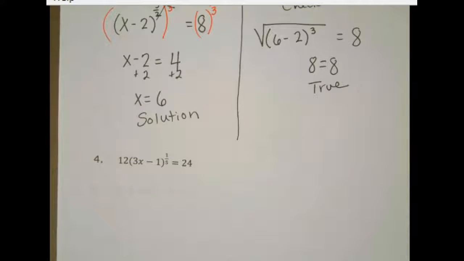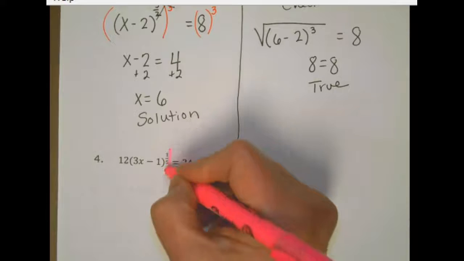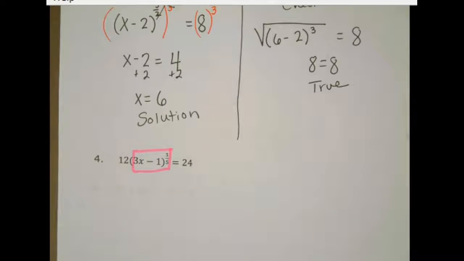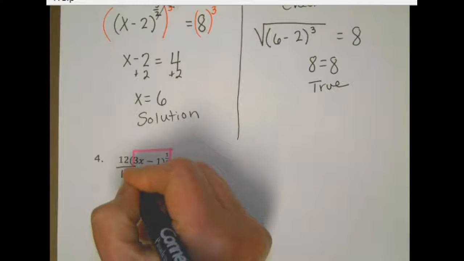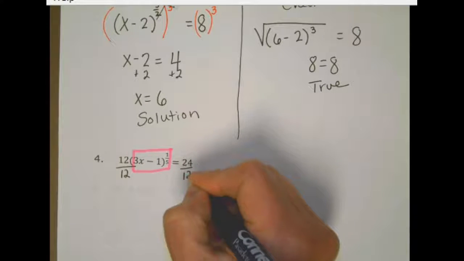What is the first word in the first step? Isolate. This part right here needs to be isolated. See that 12 in front? Is that 12 added, subtracted, multiplied, or divided to the parentheses? It's multiplied to the parentheses, so the opposite of multiply is divide.